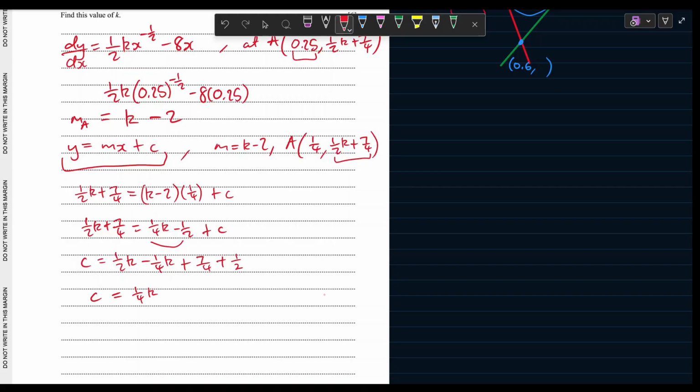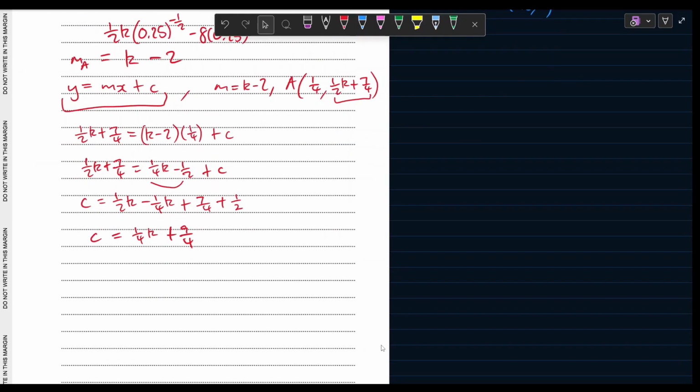That's 9/4, isn't it? I should trust myself a little bit more. Yes, that's 9/4. All right, and then we get that the equation of the tangent at A is y is equal to, what's our m? Our m is k minus 2, so k minus 2 times x, plus our constant, our y-intercept, a quarter k plus 9/4. Okay, so this is the equation of the tangent at A.